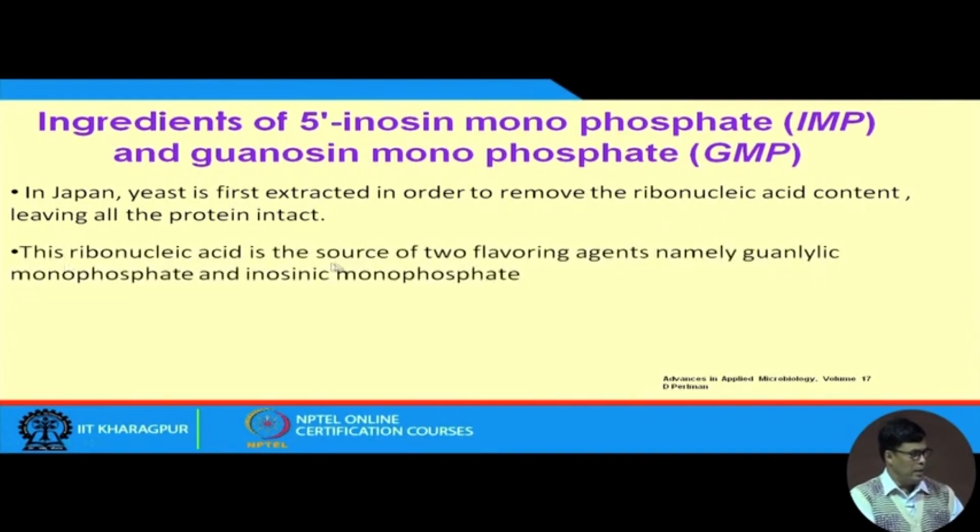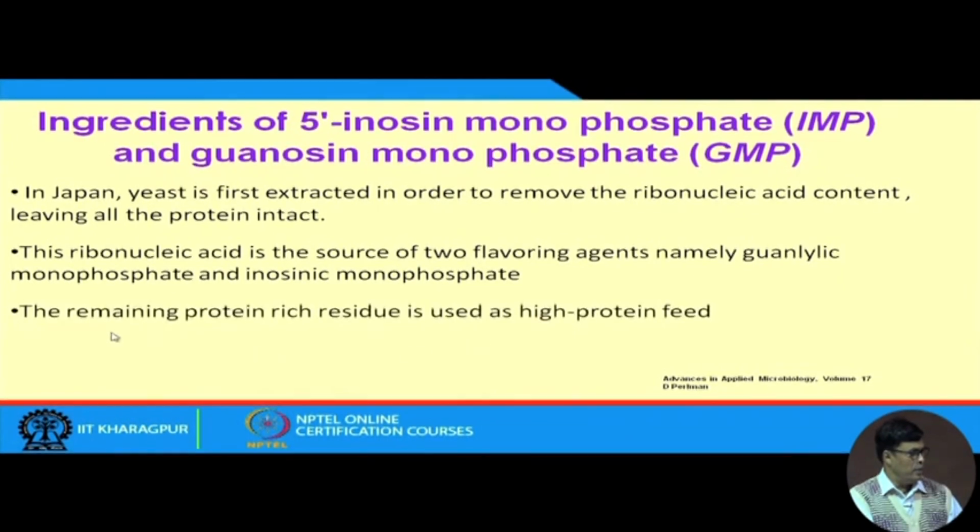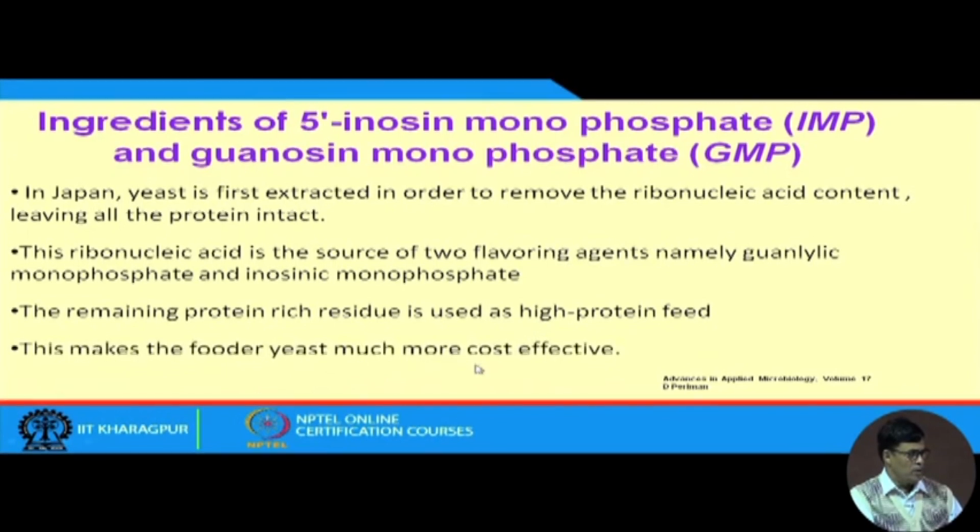This ribonucleic acid is the source of two flavoring agents, namely guanylic monophosphate and inosinic monophosphate. The remaining protein-rich residue is used as high protein feed. This makes the fodder yeast much more cost effective.